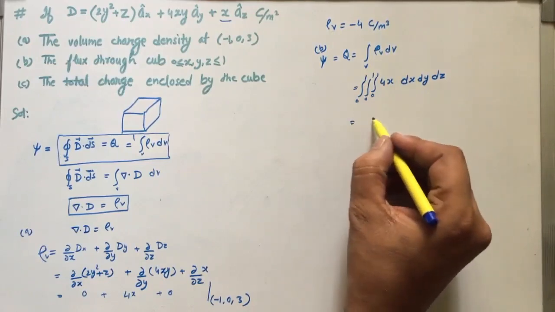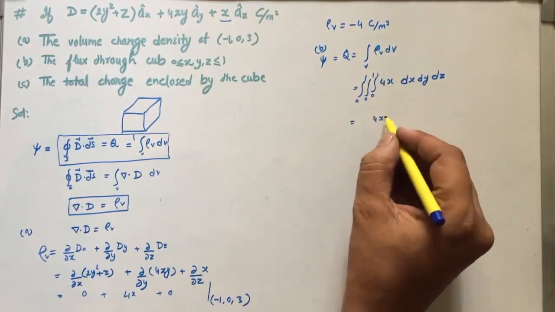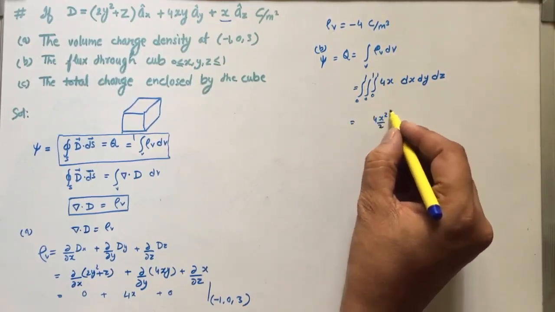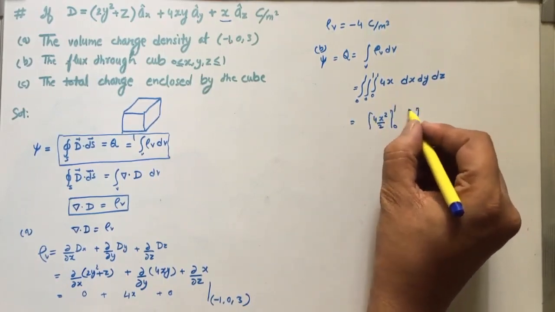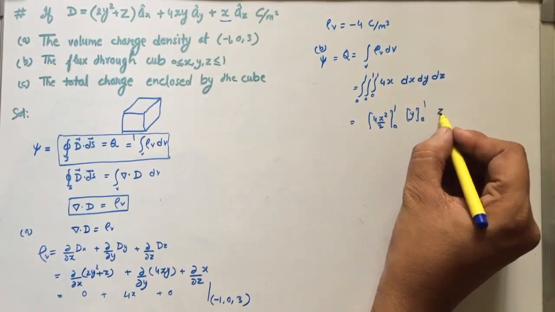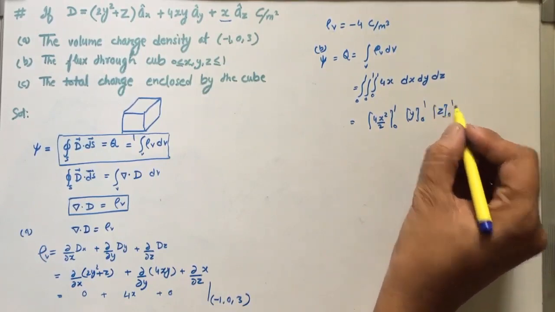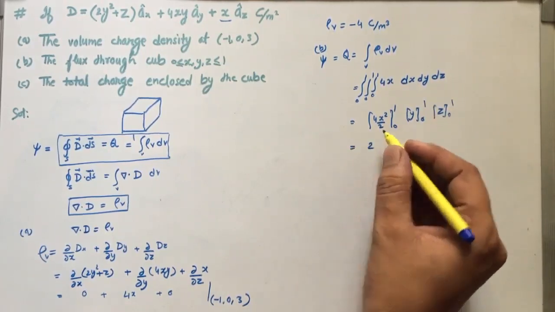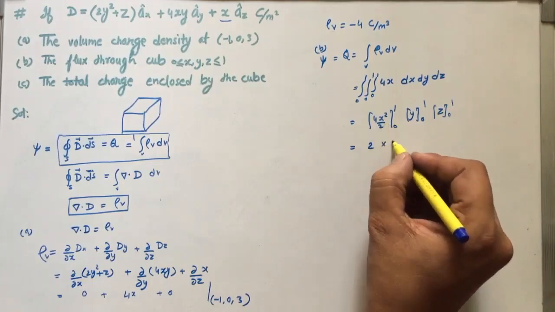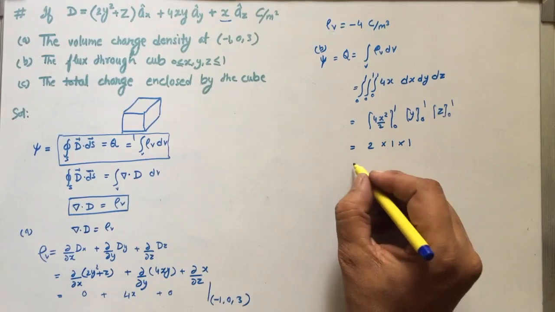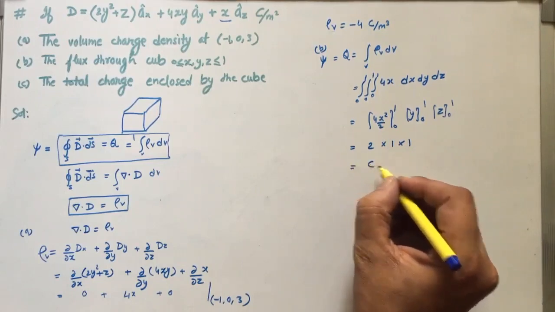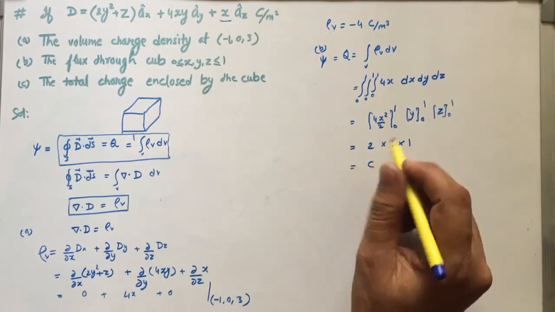Okay, so it should be 4x square by 2 from 0 to 1, y from 0 to 1, z from 0 to 1. In this way it will be 2 into 1 into 1. So the flux should be 2 coulomb.